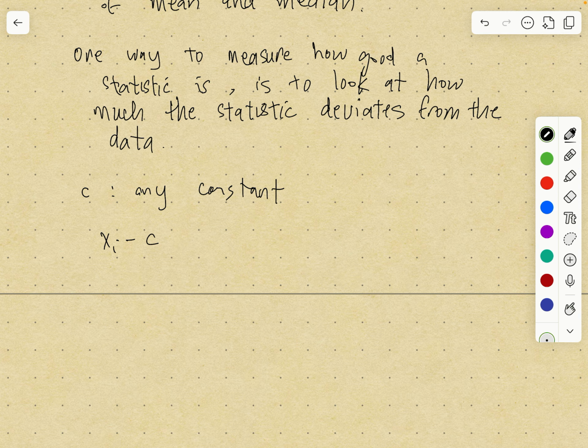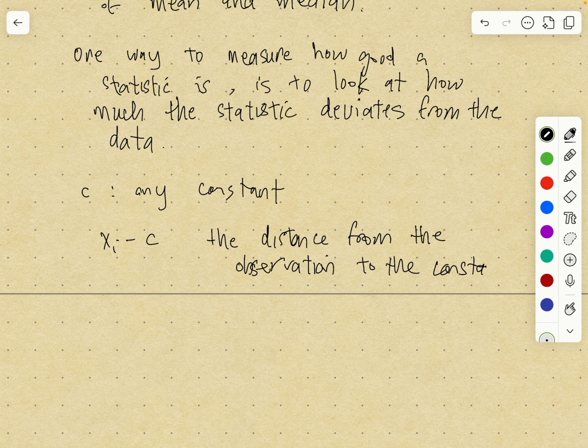That would be the distance from the observation to the constant c. So if your constant is 5 and your x1 was 6, then the difference would be 1. And if your c was 5 and your x1 was 4, then your difference would be -1.